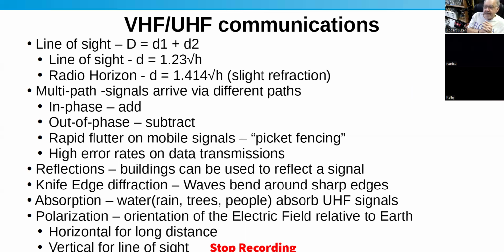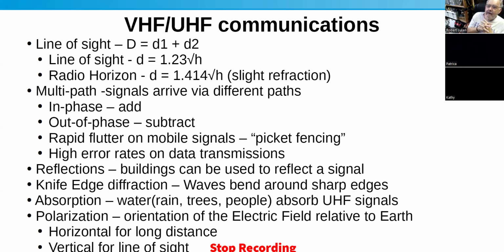I don't know that you have the formula. Yes? I'm looking at the line of sight, and it says a capital D equals D1 plus D2. Right. So just remind me what D1 and D2 are. Two different people. D really is a person.